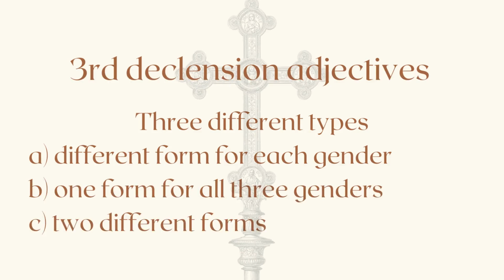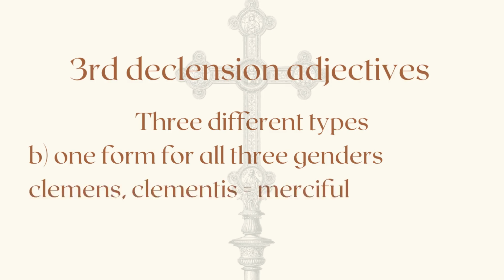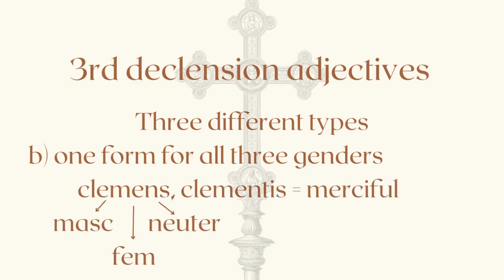The second type of third declension adjective has one form for all three genders. An example of this second type is clemens, clementis, meaning merciful. This comes from a future lesson's vocabulary list. The vocabulary listing for this type of adjective is a bit tricky to understand at first. Although clemens is used to qualify masculine and feminine and neuter nouns, you'll see two forms given in the listing.